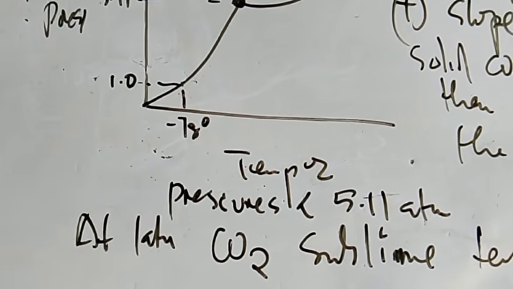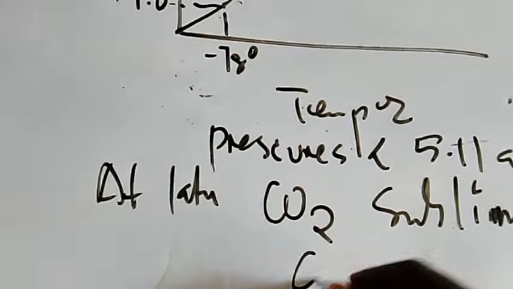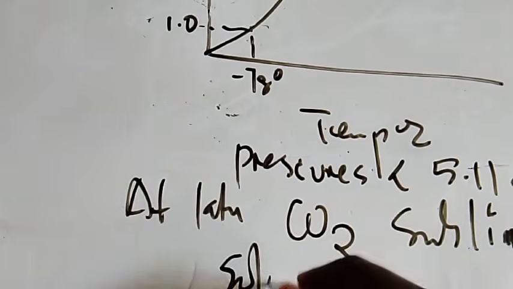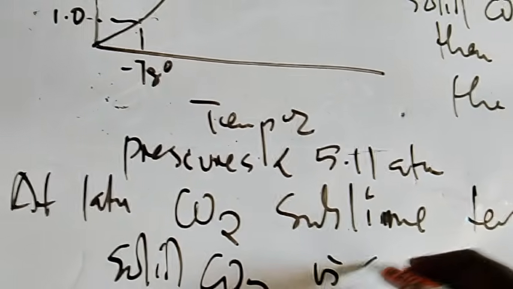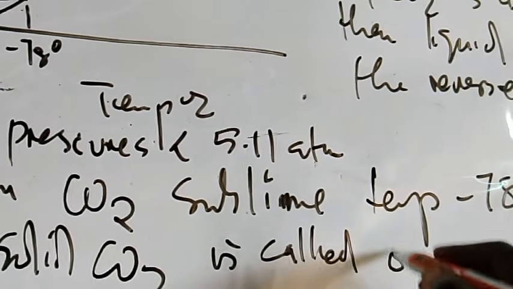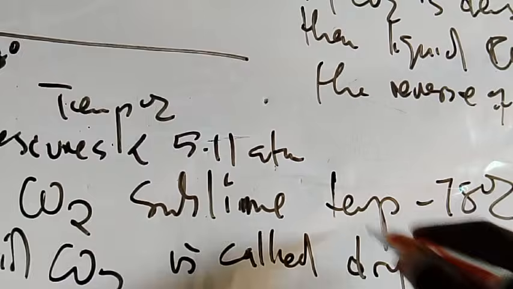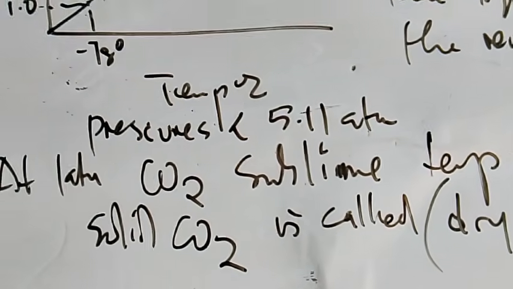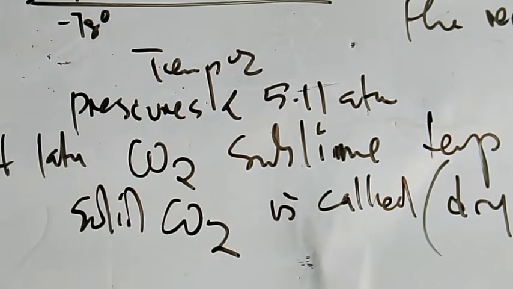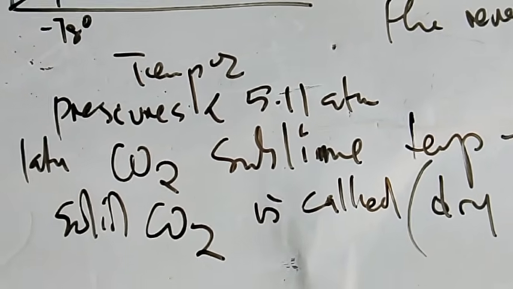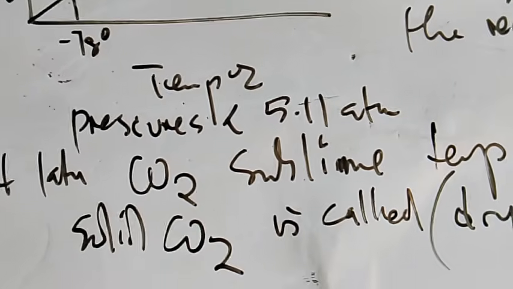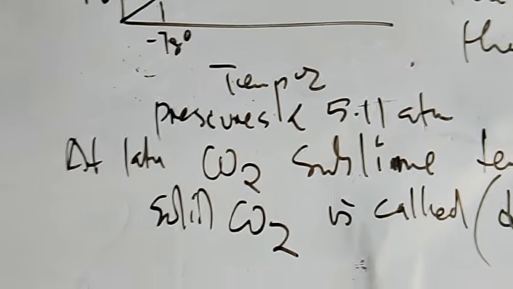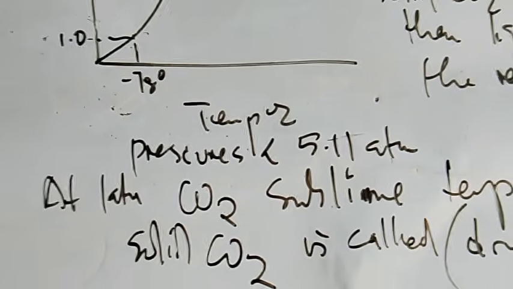So at 1 atm CO2 sublimes at negative 78 degrees Celsius. This is the reason why solid carbon dioxide is called dry ice. So you cannot get liquid carbon dioxide under normal conditions, only the solid or the vapor.